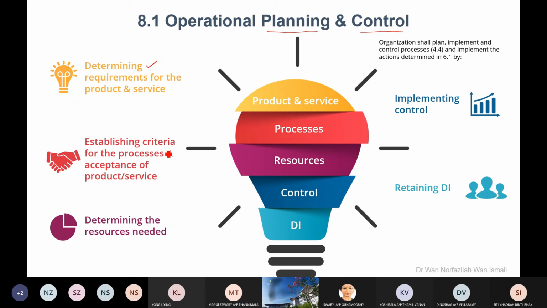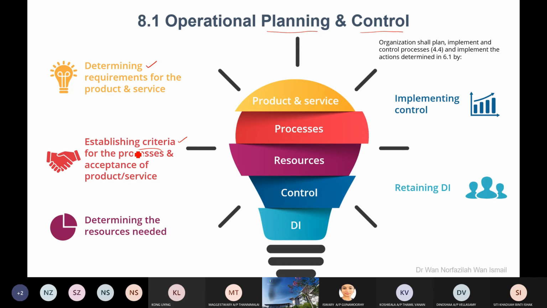Next, establishing criteria for the processes and acceptance of product or service. Once you have determined, you then need to establish the criteria of the process and also how these products or services can be accepted by the customer. So list down the criteria of the process.